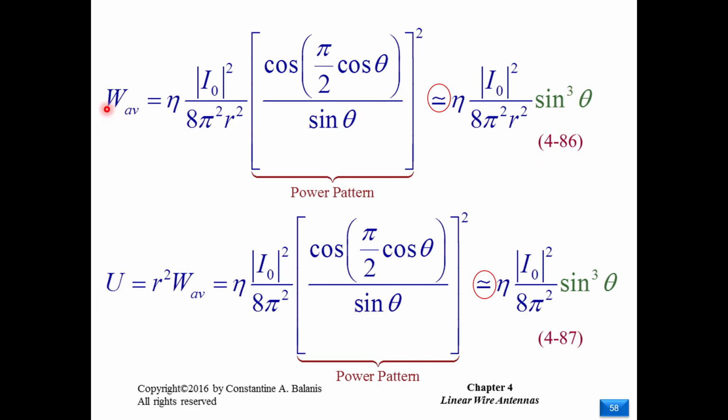From the radiation density, we can get the radiation intensity U by just multiplying by R squared. So we have this expression here for the intensity.